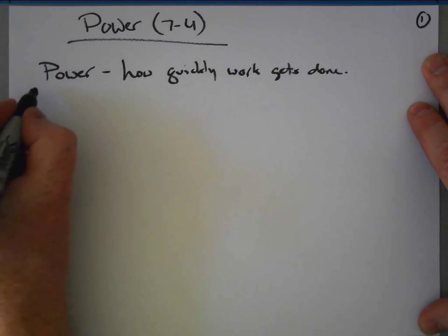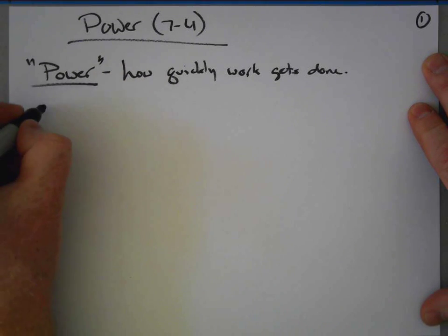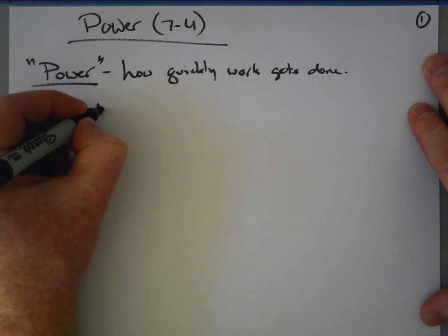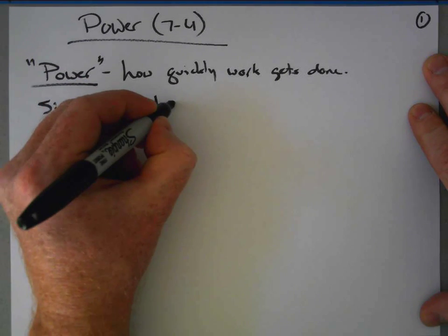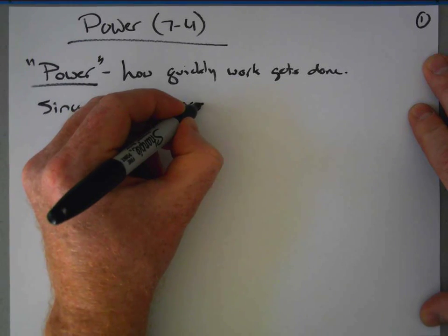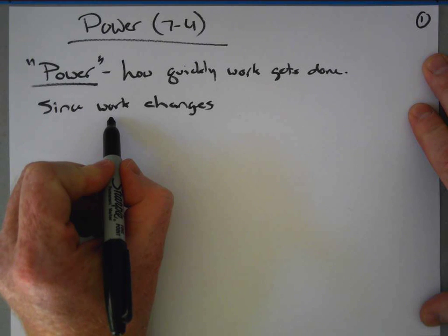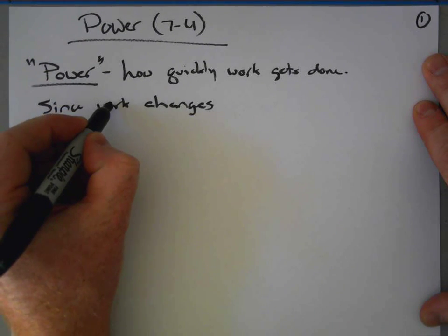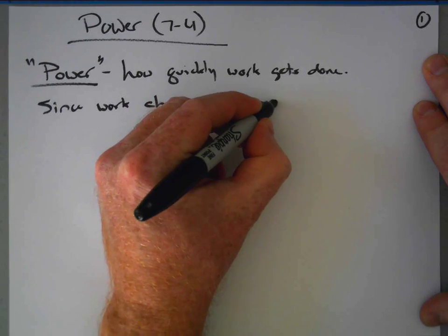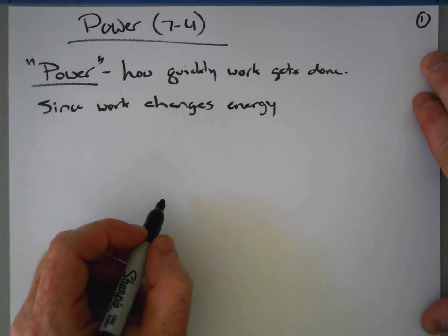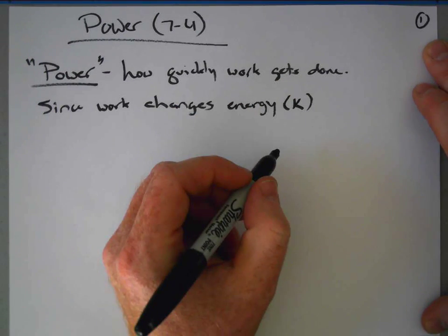So now the thing is, what we know about work from the work energy theorem is that if there is some total value of work that is not canceled out, then we see that work changing the energy, specifically the kinetic energy of an object.